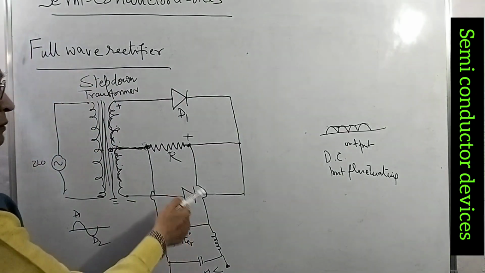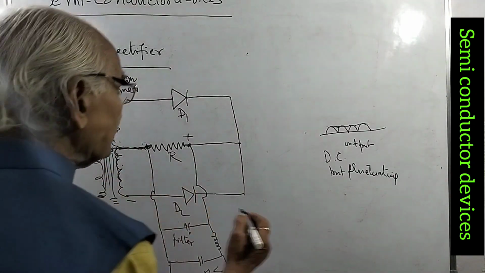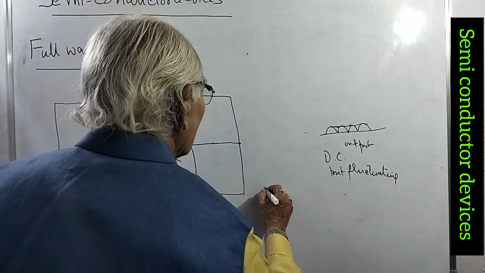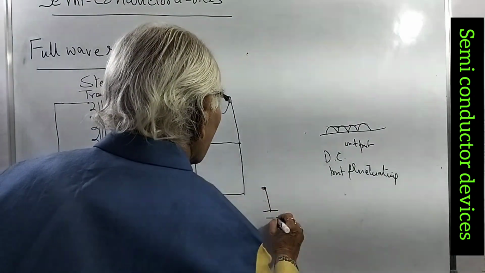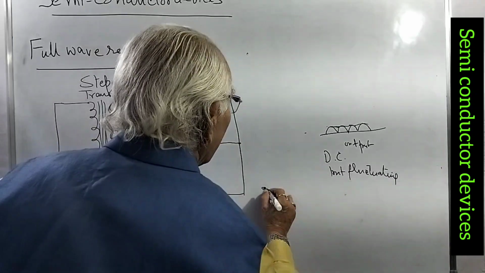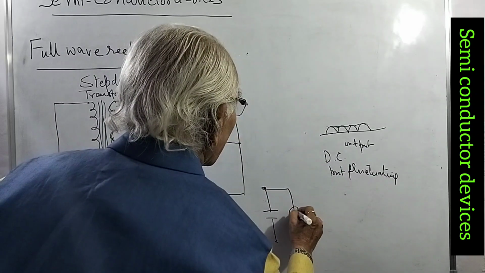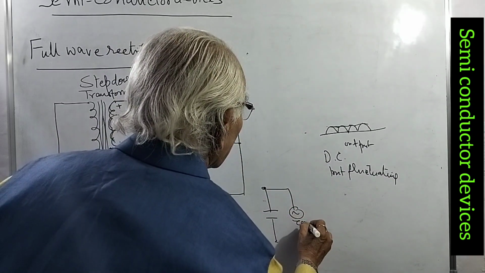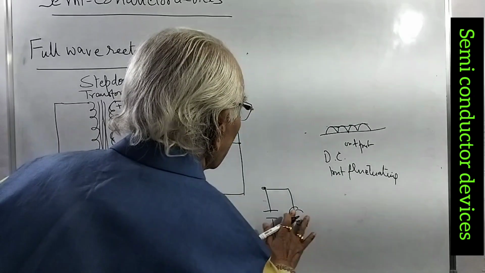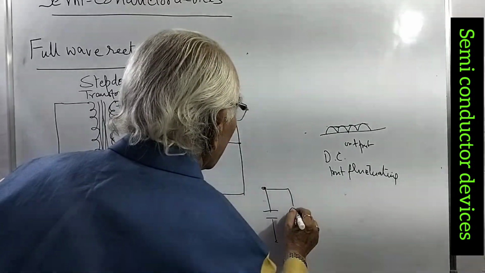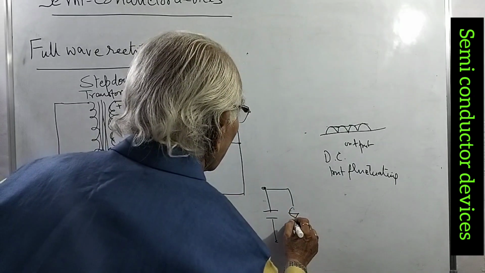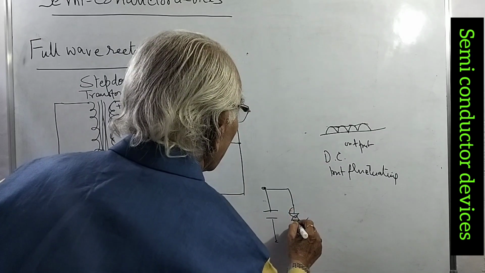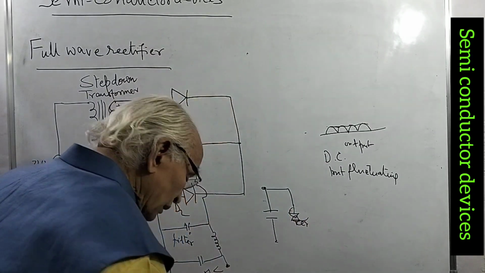This filter circuit gives a constant voltage, and the filter circuit output you can use here, this can be connected to a zener. So the zener is connected here.